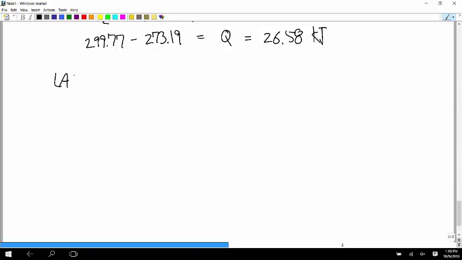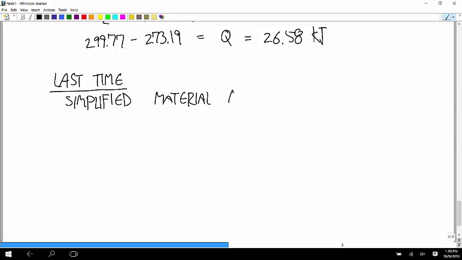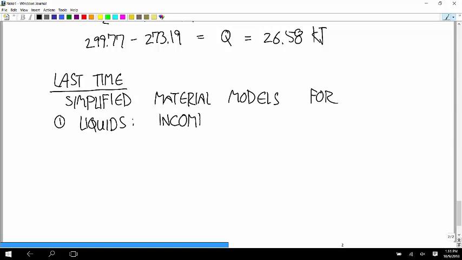The last time we talked about simplified material models for liquids, the main one being incompressible materials.